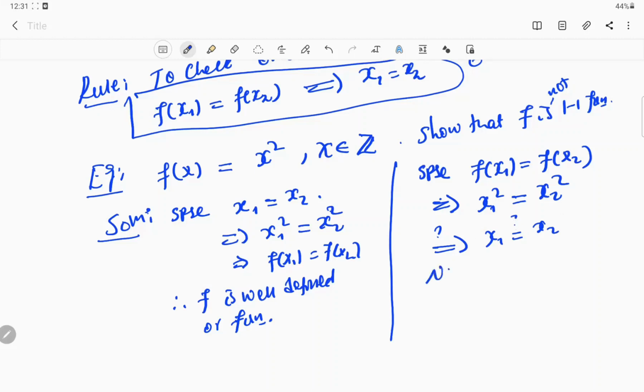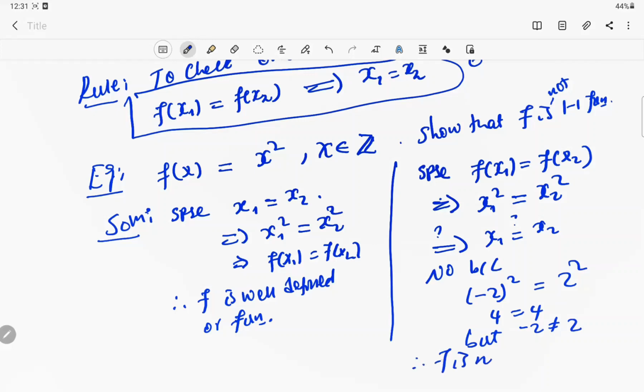No, because you can take minus 2 squared, which equals 2 squared. That is 4 equals 4, but minus 2 is different from 2. Therefore, we say f is not one-to-one.